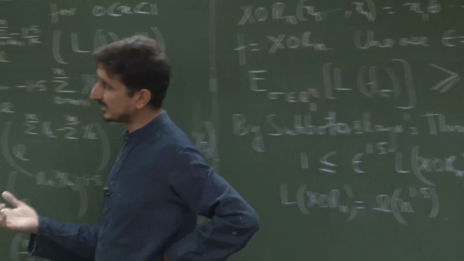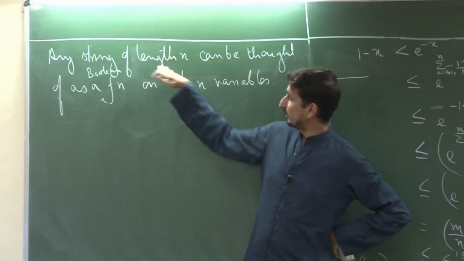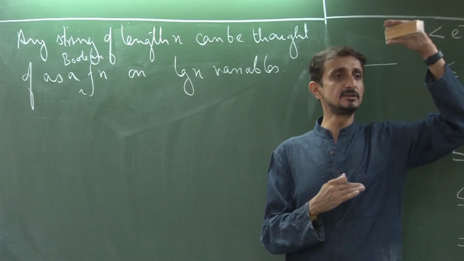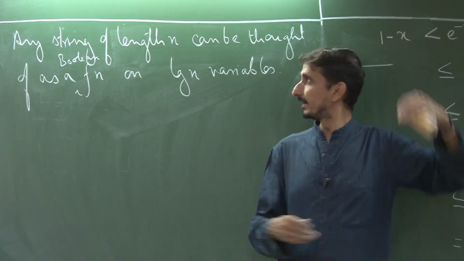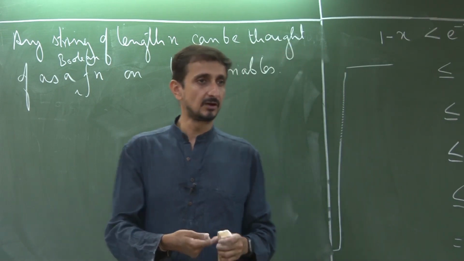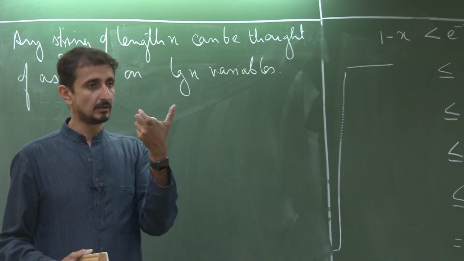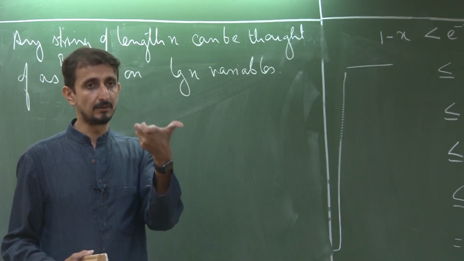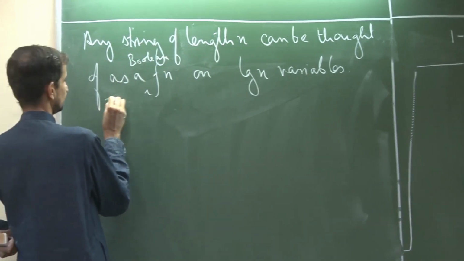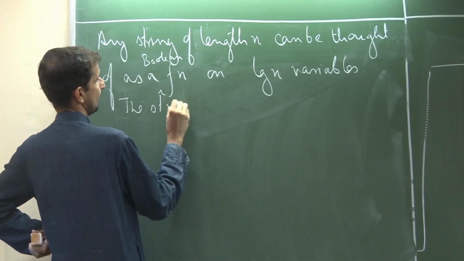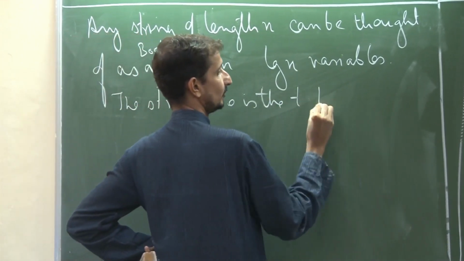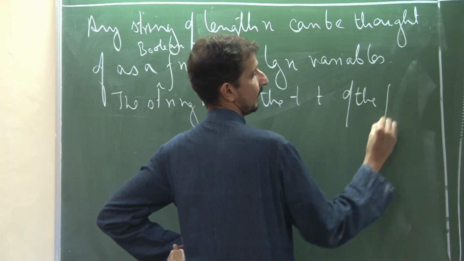Exactly. So, essentially what you are saying is that this is kind of the truth table of that function. If I have a function on log n variables, the size of the truth table is 2 to the power log n, which is n. So, this string represents what the output of that function is for each choice of those log n many variables. The string here is the truth table of the function.